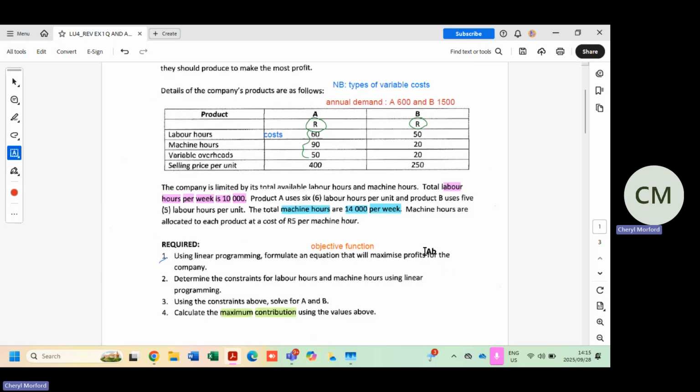So we're going to start first of all with the labor hours. First one. And now we are limited to 10,000 labor hours a week. So what we cannot do is use any more than those 10,000 hours. So we can use up to and including 10,000.